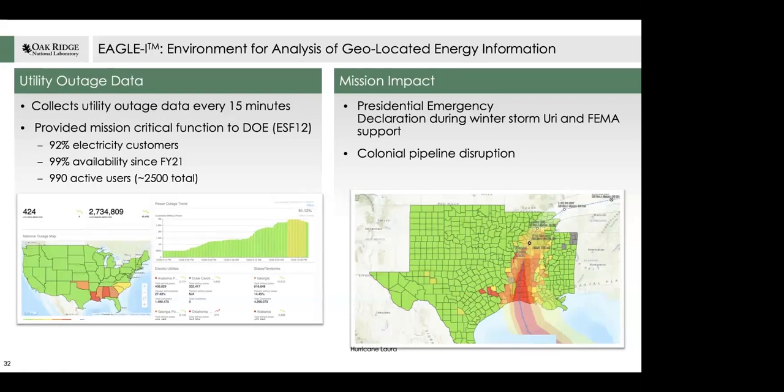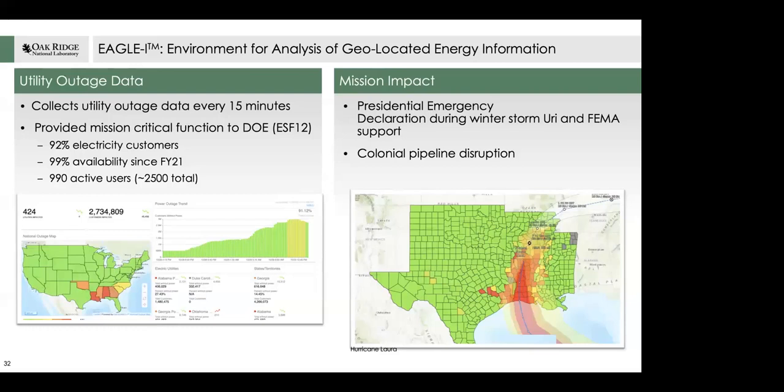This is a system, a portal that looks like the one on the left. It shows every 15 minutes how many people in the nation are without electricity. So it's near real time, 15-minute lag. So we are harvesting data from the utilities through a variety of mechanisms.